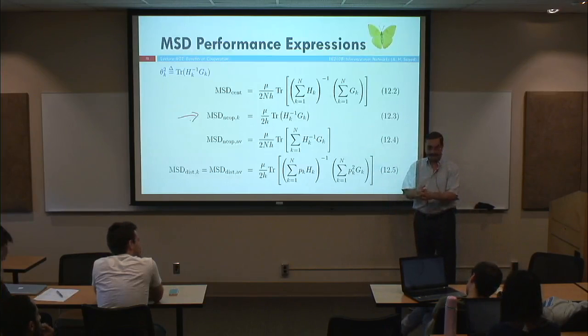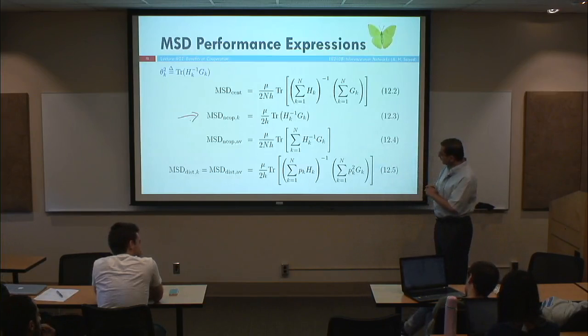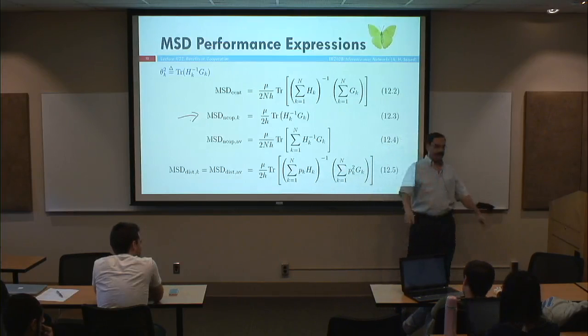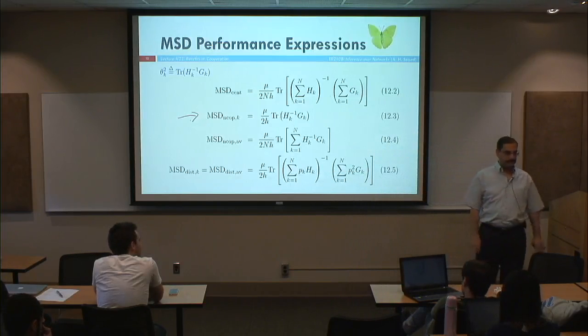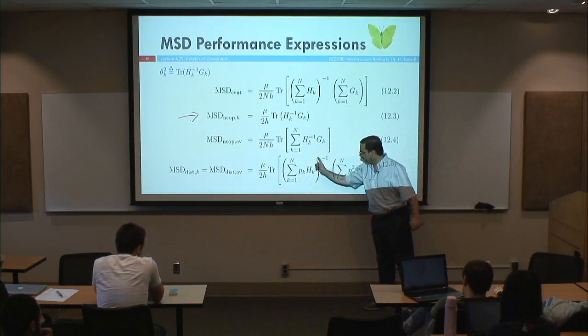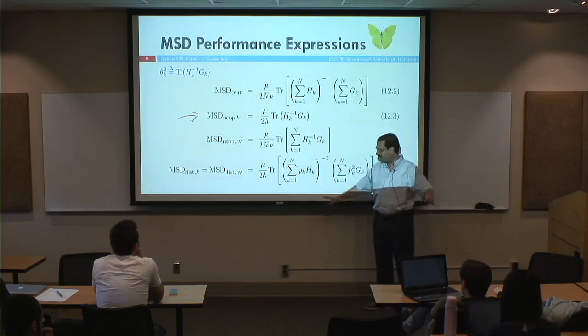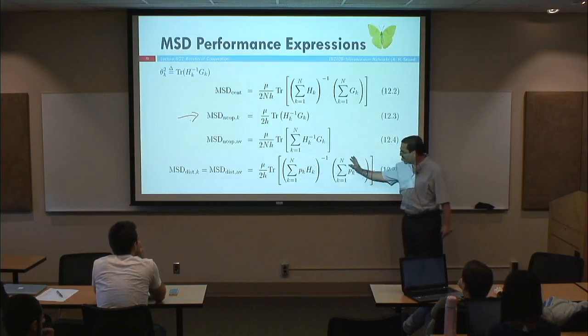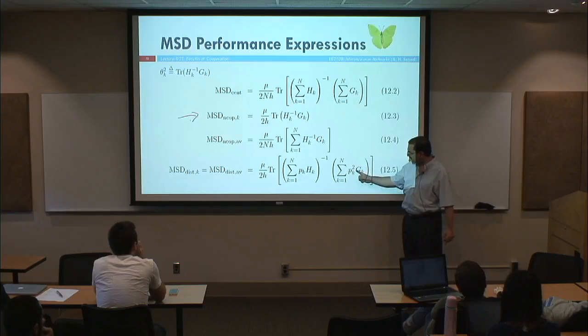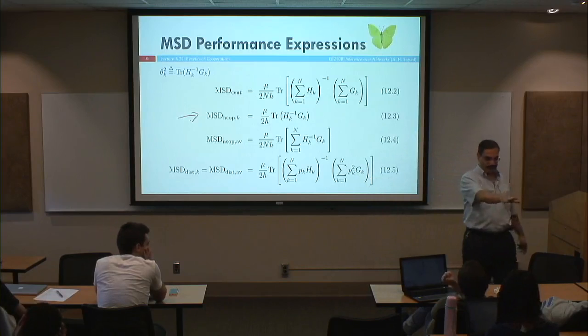Of course, there are cases where this will be smaller. For example, let's take an example where the H's and the G's are uniform across the network. The sum of P is 1. You will get here H inverse. Let's assume doubly stochastic again.